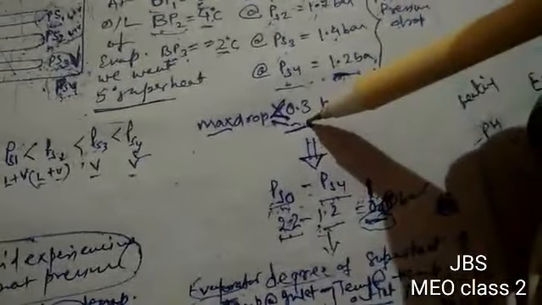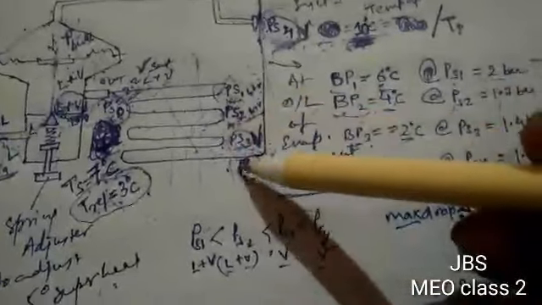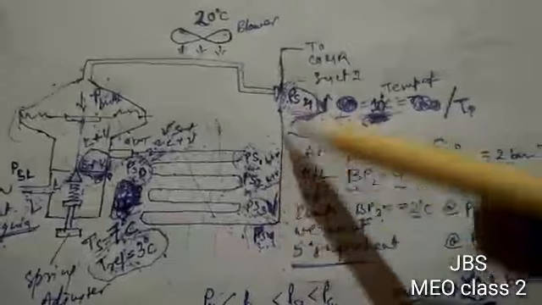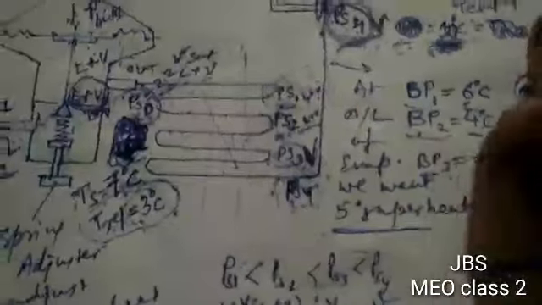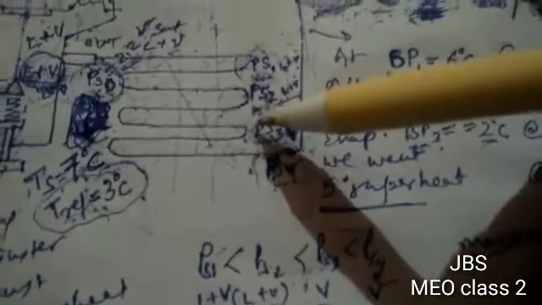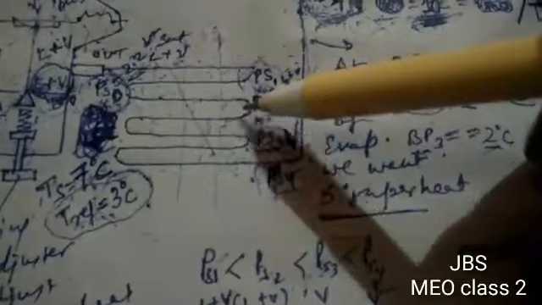We don't want pressure drop to be more than 0.3 bar, because if it is more than 0.3 bar, there will be high degree of superheat. So friends, if there is a larger evaporator coil, there will be a large number of bends, so there will be more friction losses, and because of that saturation pressure will also drop.